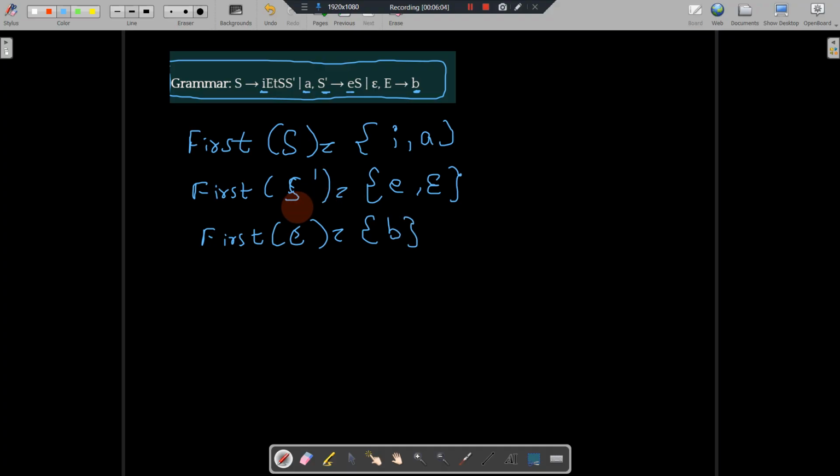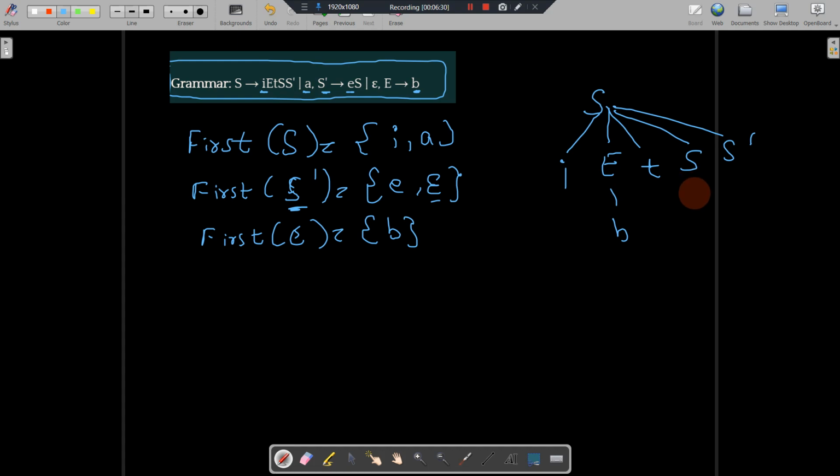Now, when in S dash you are getting epsilon, that means when you are expanding S into i E t S S dash, and since it is a leftmost derivation, obviously E will be expanded to b, and then this S would be expanded.